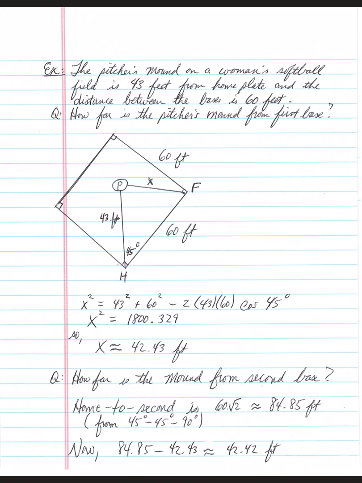A follow-up question is, how far is the mound from second base? Maybe we're looking for that. Because of the 45-45-90 triangle that's formed, if you go from home to second and only concentrate on the right half of the playing field, or at least the diamond part, then we can calculate home to second using properties of a 45-45-90.